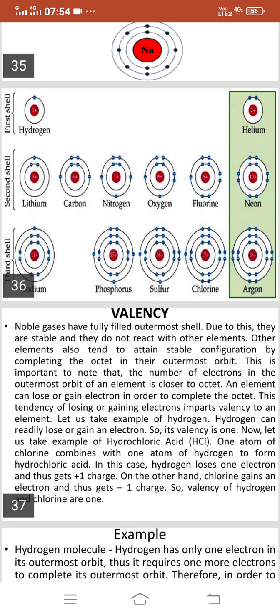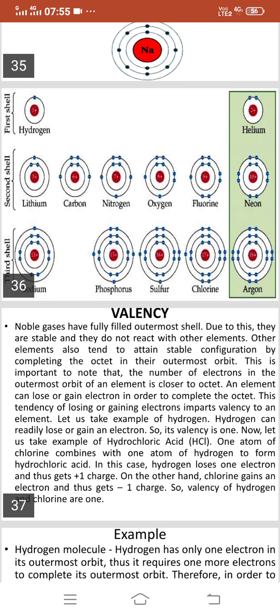It is important to note that the number of electrons in the outermost orbit of an element is close to an octet. An element can lose or gain electrons in order to complete the octet. This tendency of losing or gaining electrons imparts valency to an element.